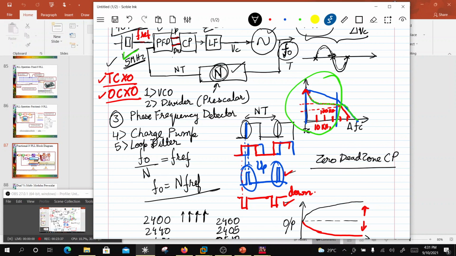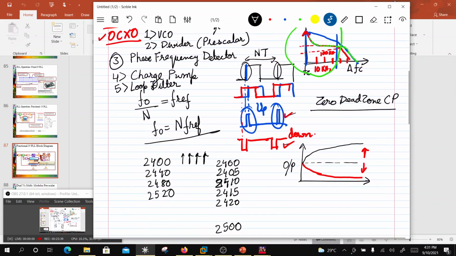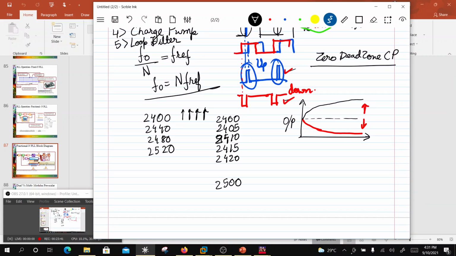Okay, so for example, let's say I am using a 5 megahertz crystal versus a 40 megahertz crystal, and I'm trying to generate 2400 megahertz. Then 2400 by 5 is going to be my N, right? 5 4s are 20, and 5 8s are 40, so 480.